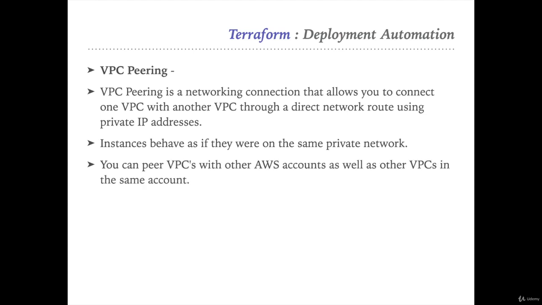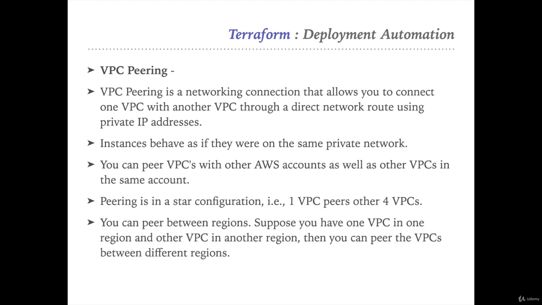User can pair a VPC with another AWS account as well, right? Or with another VPC in the same account as well. So if you have two VPCs in the same account, you can pair up these VPCs. If you have two VPCs in two different AWS accounts, you can also pair these VPCs. There is no such limitation.